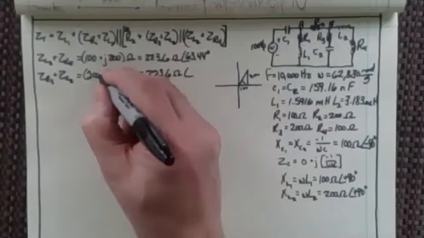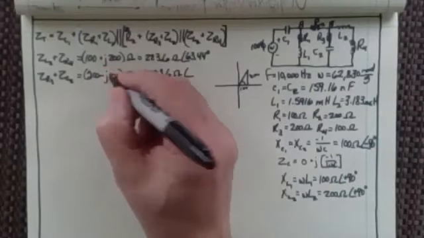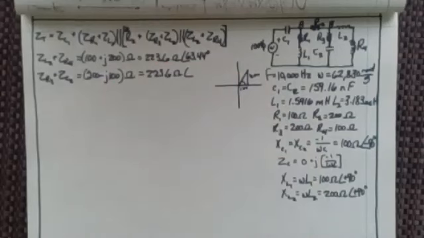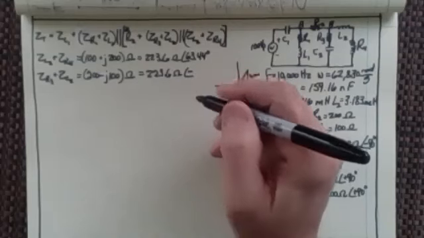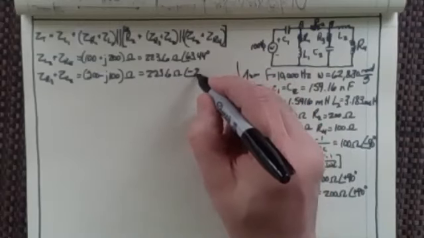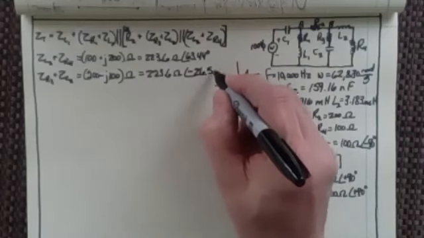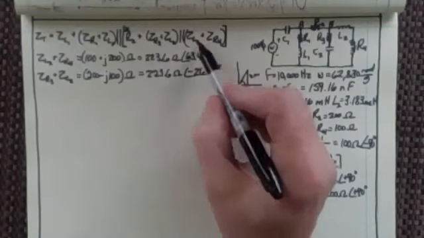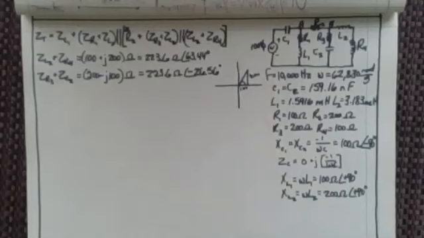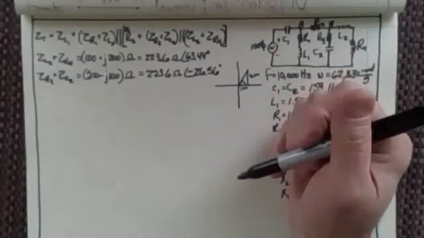Make sure you know that's a minus J 100 ohms right there. And so this is going to be a minus angle, isn't it? And it's going to be minus 26.56 degrees.